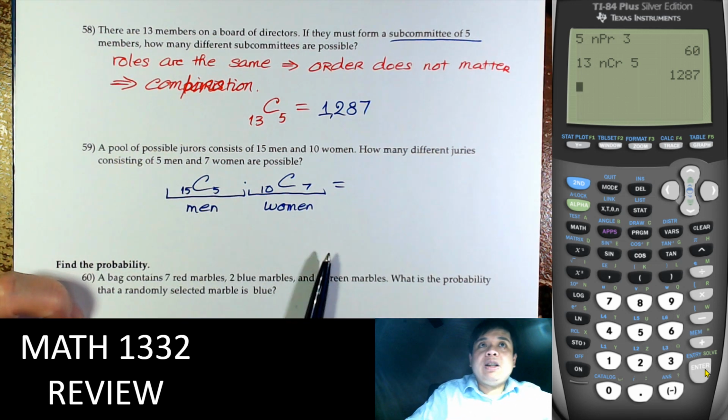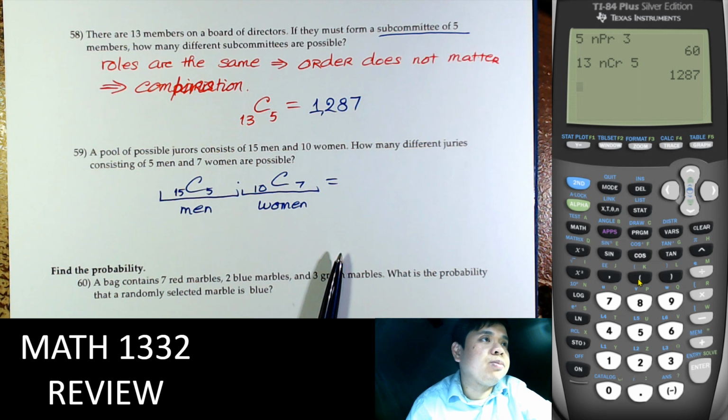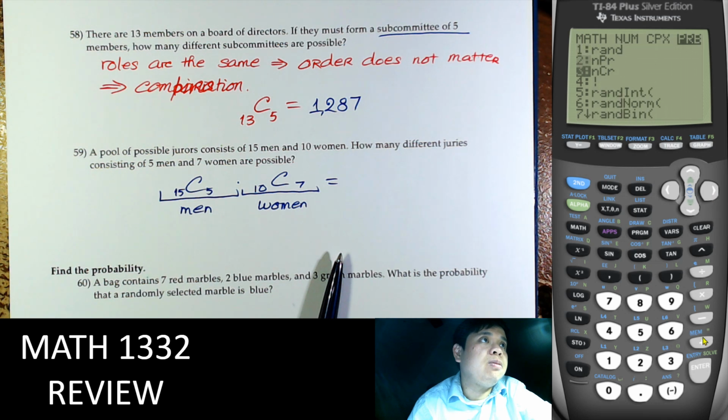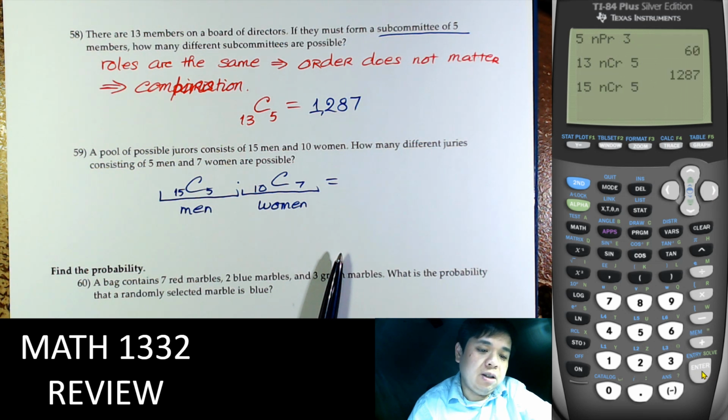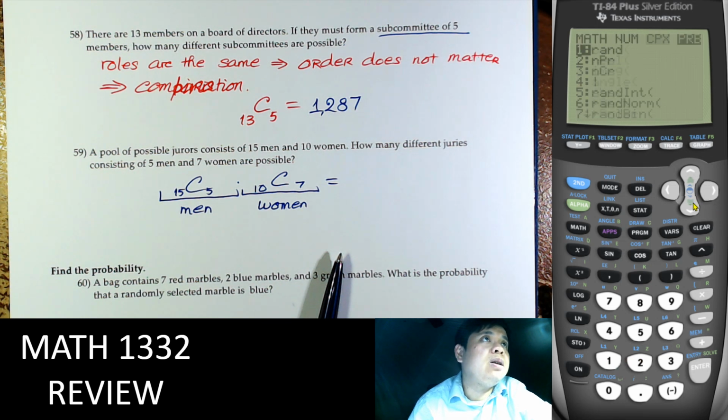So when we do that, we calculate how many. Right, first 15, 5. We have that, and then 10, 7.